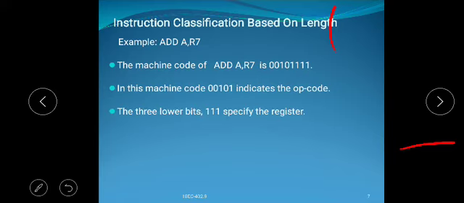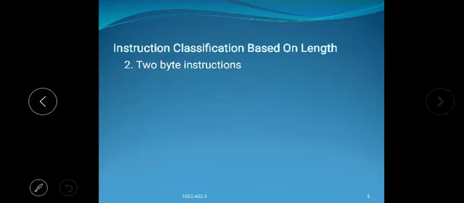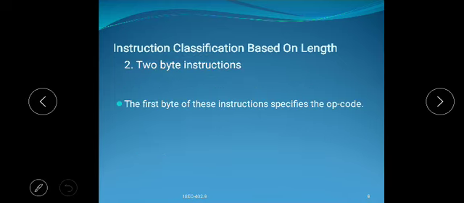The 2 byte instructions. As the name indicates, these instructions occupy two memory locations, one byte for the opcode and the second byte for the operand.